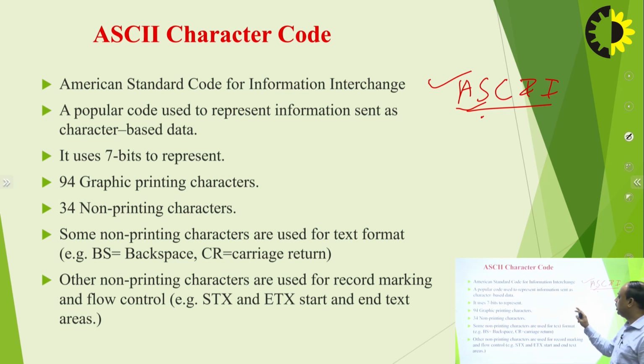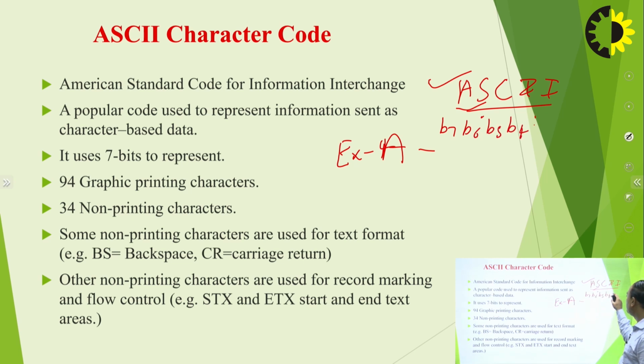Like if we take the example of a printing character, capital A. For A we have 7 bits, B7, B6, B5, B4, B3, B2 and B1, and for representing A the code is 1, 0, 0, 0, 0, 0 and 1.